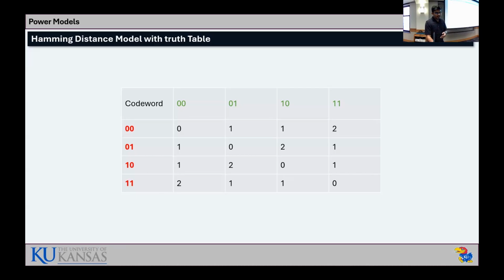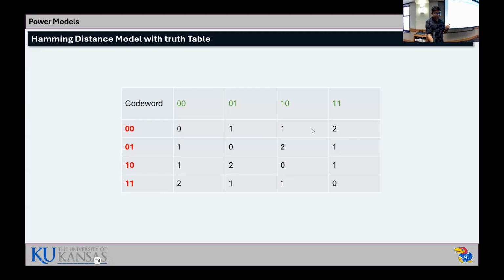Here nothing changed, so it will be 0. But if your first bits are 0 0 and it goes to 0 1, how many bits flipped? 1 bit. So here the Hamming distance is 1.